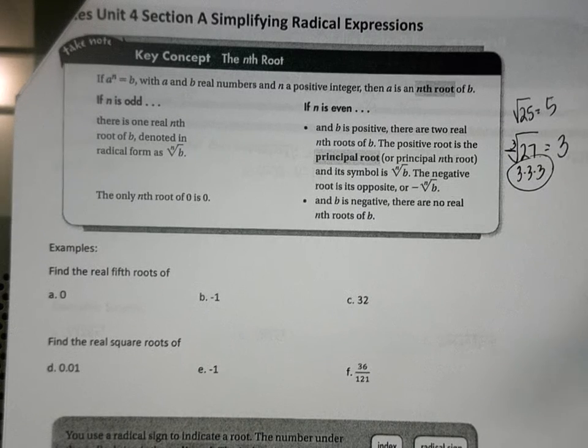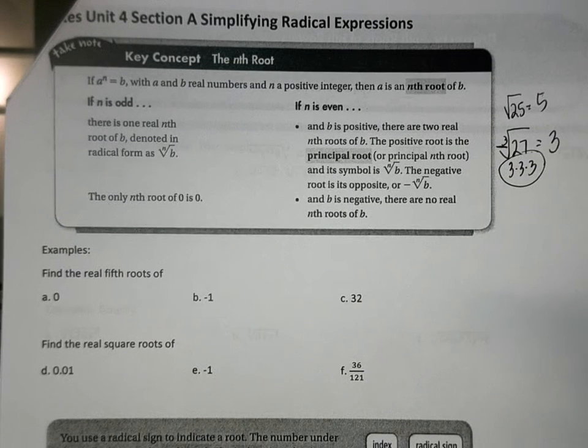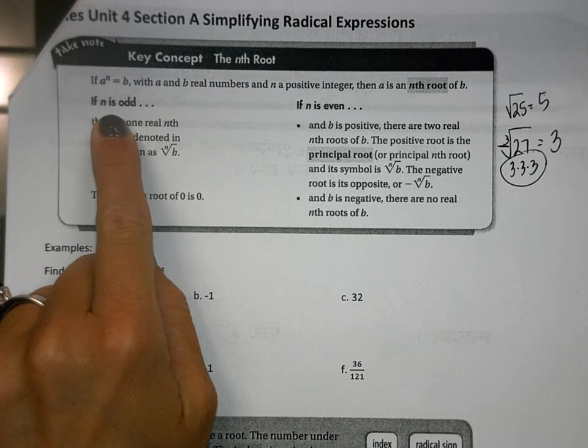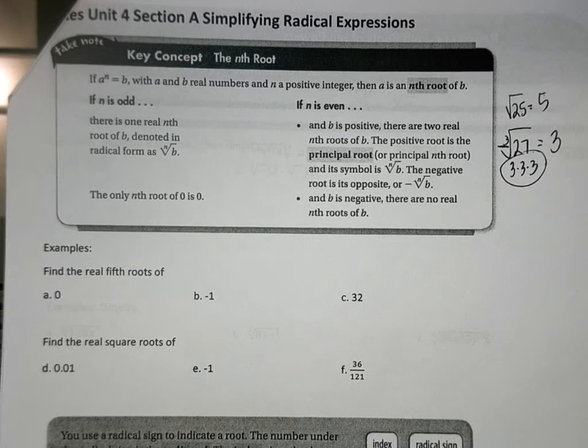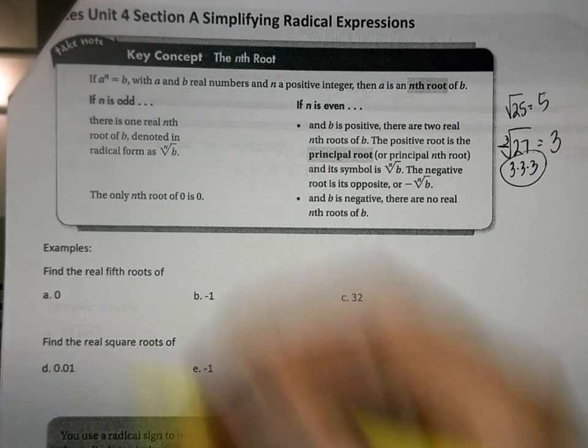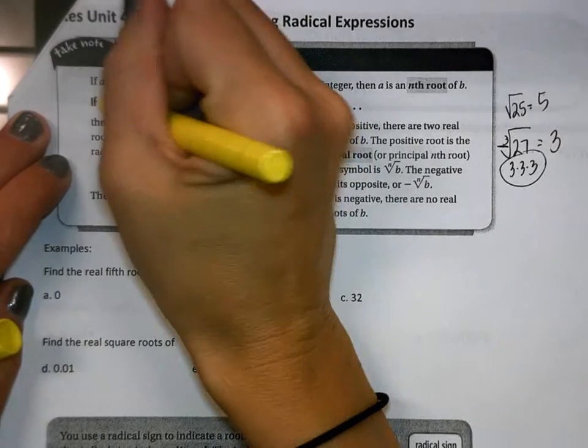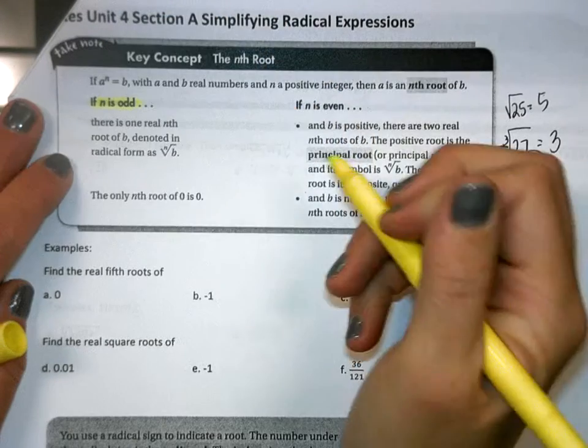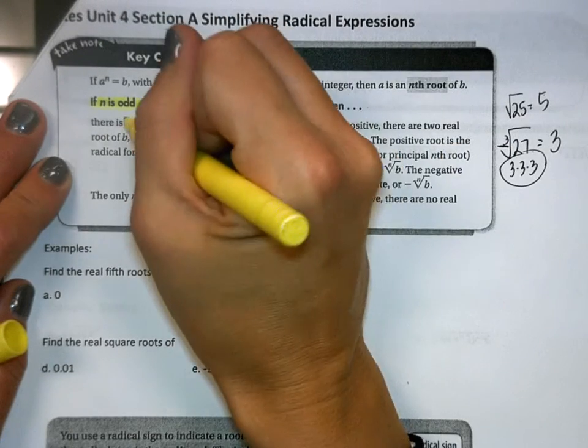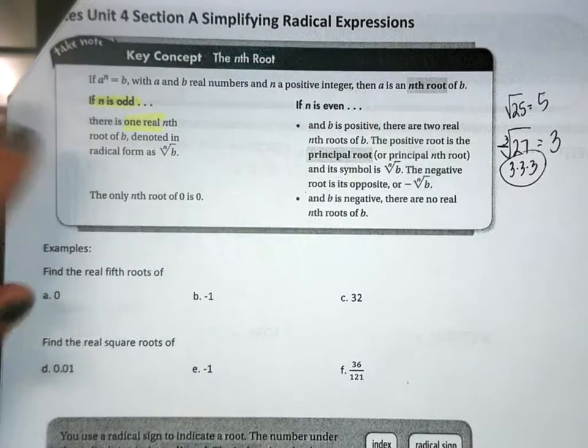Now, there are a few things about roots. If n is odd, so if your index is odd, and I might highlight or underline some of these things, there is only one real root.